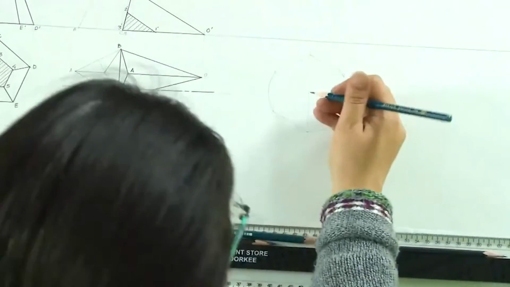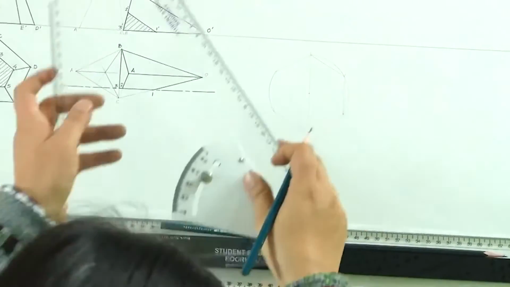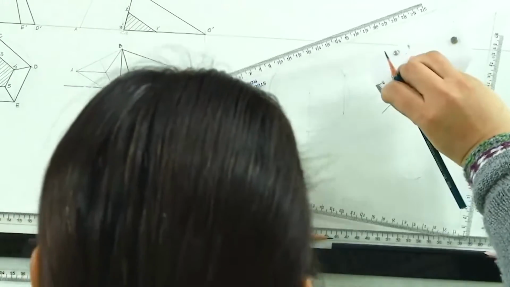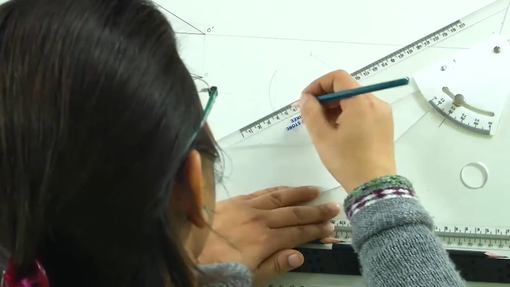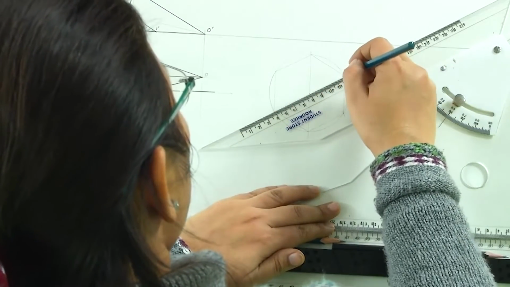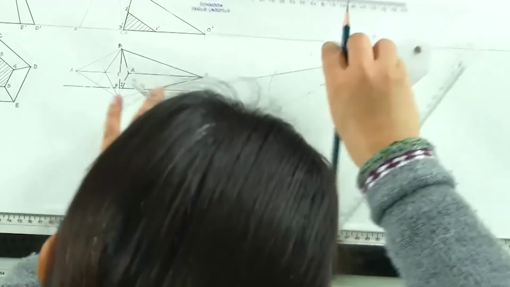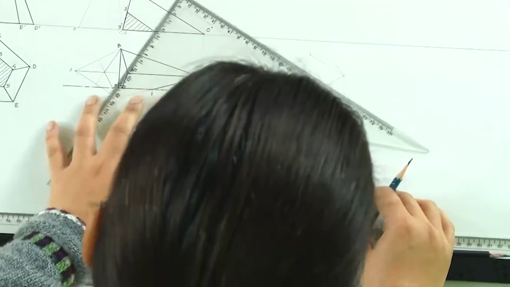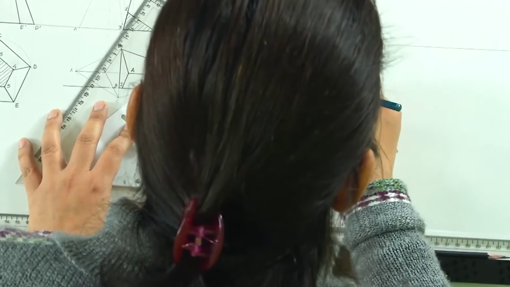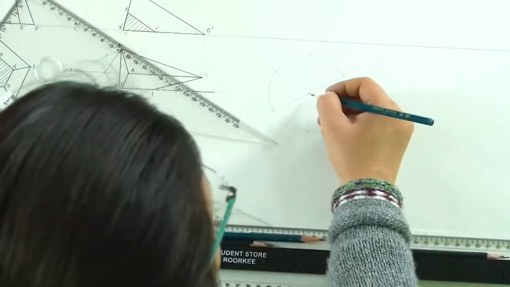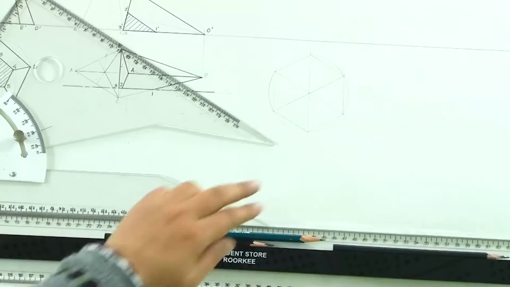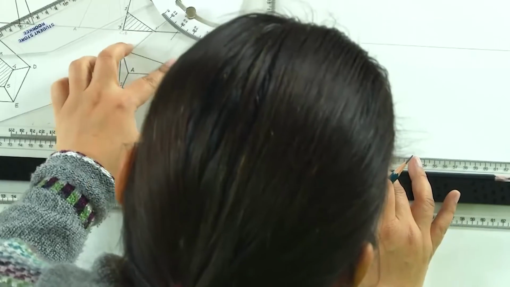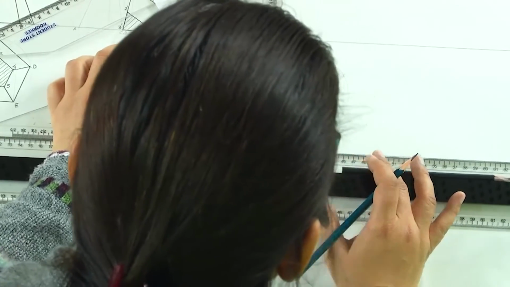This is the apex, which is the center of the circle, and we should also be joining these lines. This is the apex O, and these are the lines. Now, let us also draw the front view.